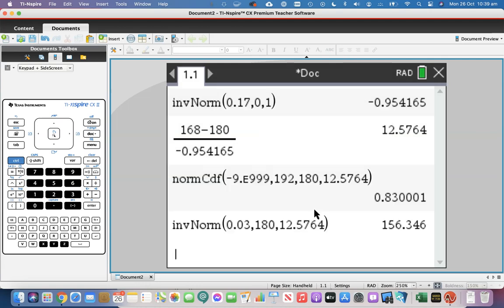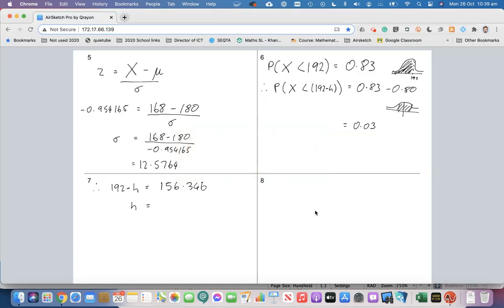And that gives us 156.346. So now I'll put that in: 346. Now we can add h to both sides and subtract 156.346 from both sides. Oh, sorry, I had it on the wrong screen. So therefore 192 minus h equals 156.346.